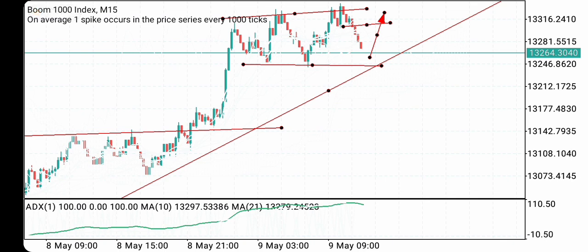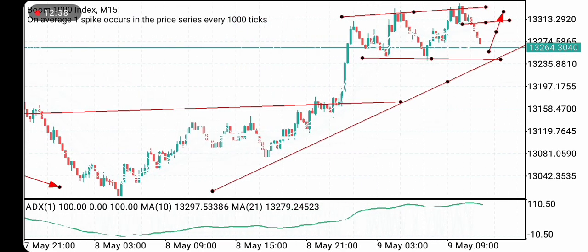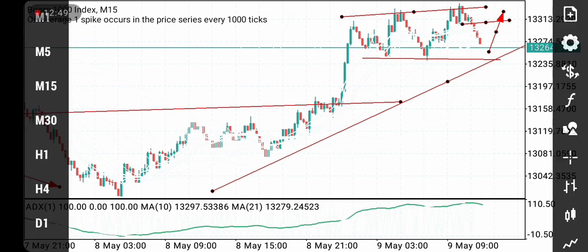When the little buy has shown for confirmation, you go in for your order. As simple as that. You come to your 15-minute time frame, draw your support line like this, and also draw your resistance line like this, and you make your buy order or sell order.